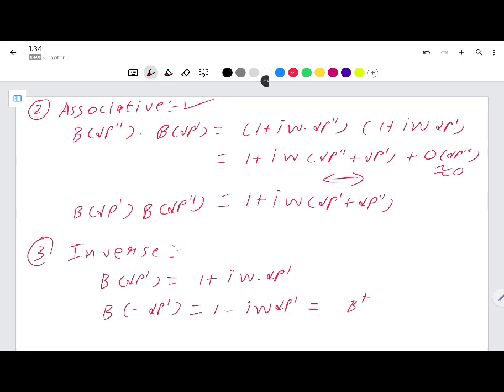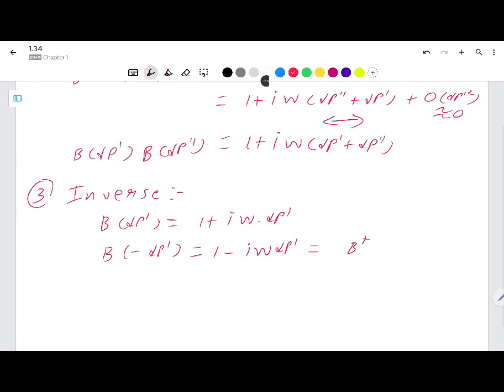And since we know that B B dagger is 1, we can say that B dagger is B inverse.